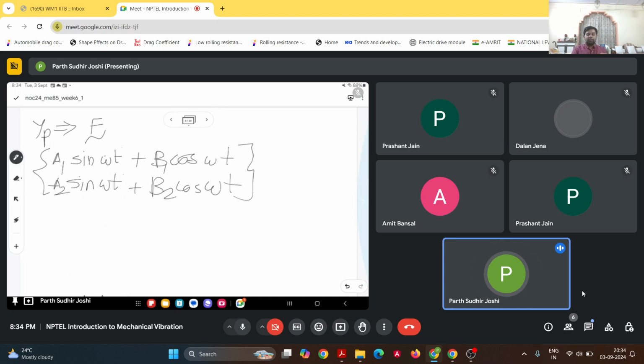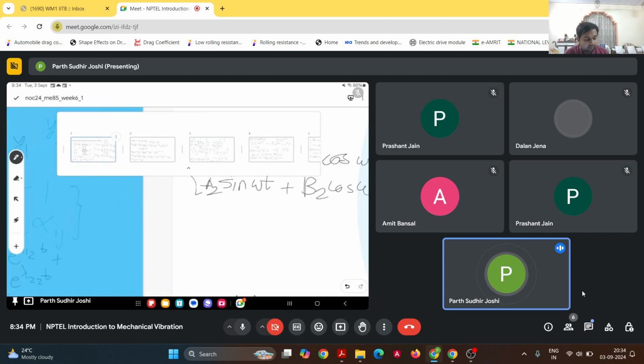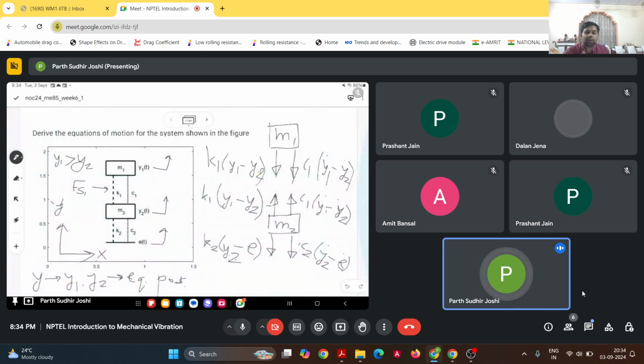Let us say if we look at this system here, if we move the base with some E of t, which is E not sine omega t, then the forces will be transmitted through the spring and damper to the mass m2, and that force is further transmitted to the mass m1 through the spring k1 and c1. So its effect will be felt by both the masses.